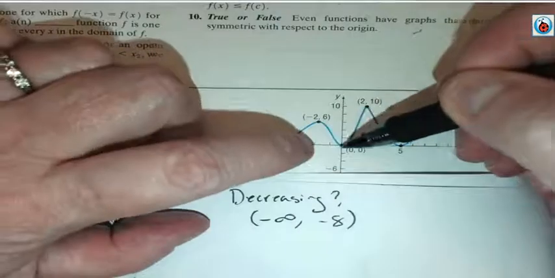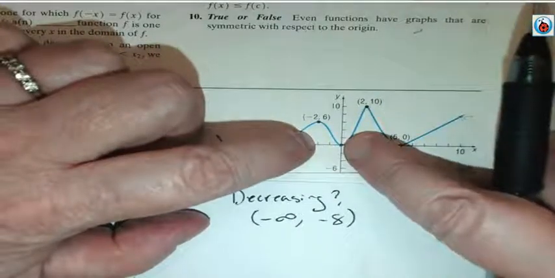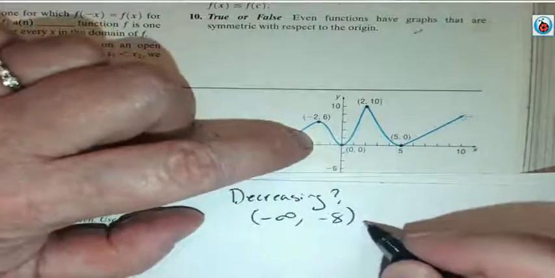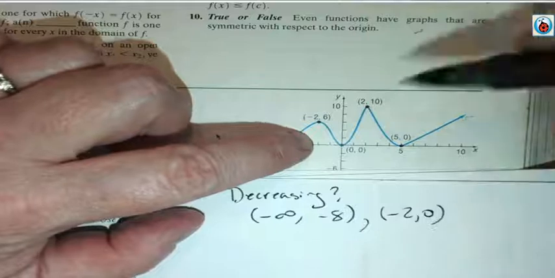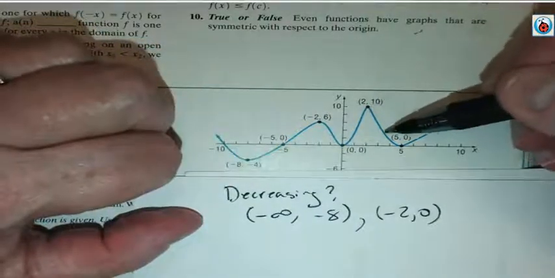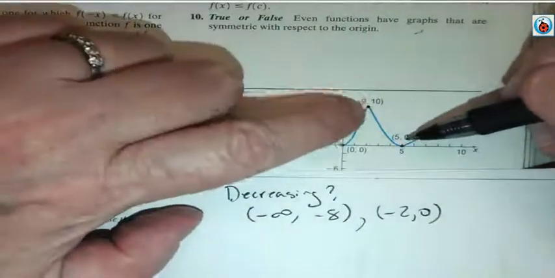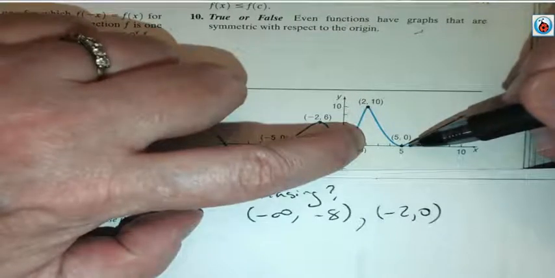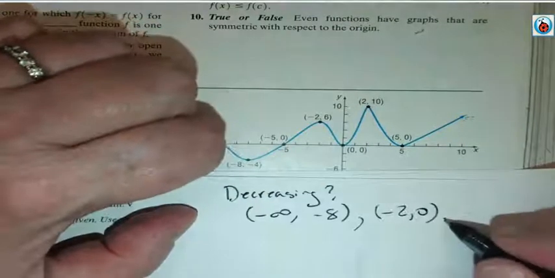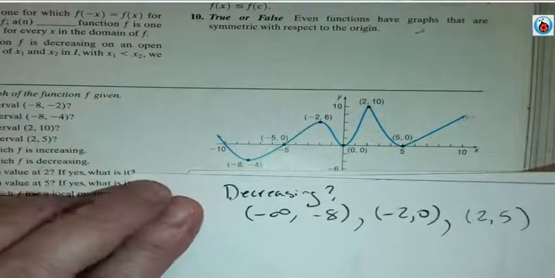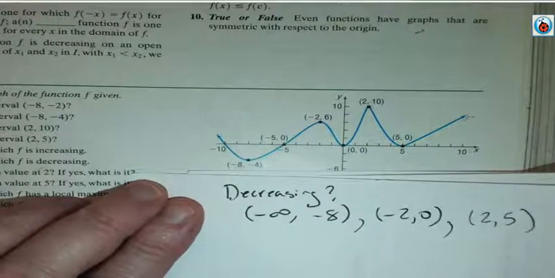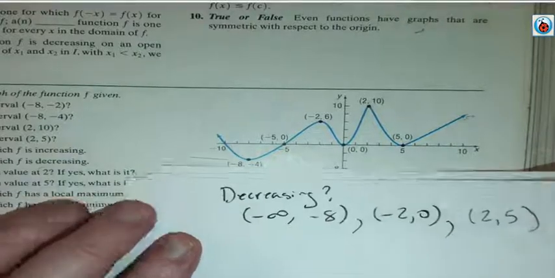That happens when x is between -2 and 0. So these are not points, these are intervals. And where else? I'm moving downhill here. That's when x is between 2 and 5. And that would be my answer for that. This one is constant nowhere because we're never on a horizontal.